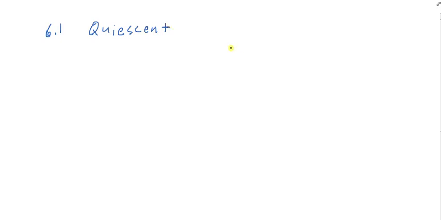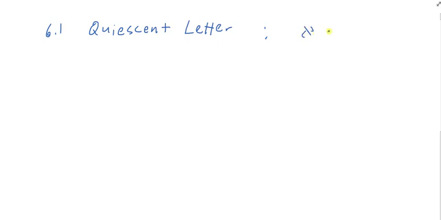Okay? And we have some weak letters in Hebrew that will kind of go AWOL on us. And when they quiesce, they lose their consonantal value and they cease to be pronounced as the consonants that they are. We have four letters that are capable of undergoing quiescence, of actually quiescing.